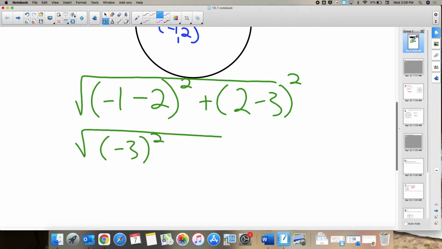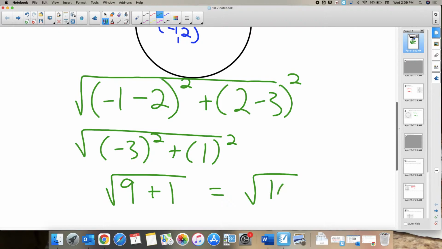I'm going to have to square that. 2 minus 3 is 1, and I'll have to square that. -3 squared is a positive 9. 1 squared is a positive 1. We add them together, we get the square root of 10. So there's the distance between our 2 points.